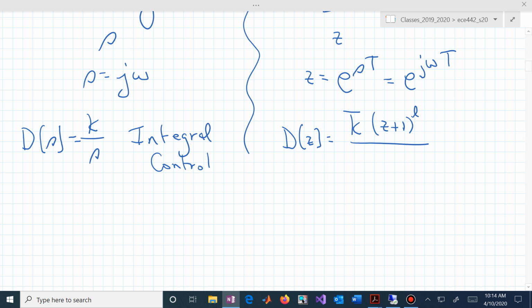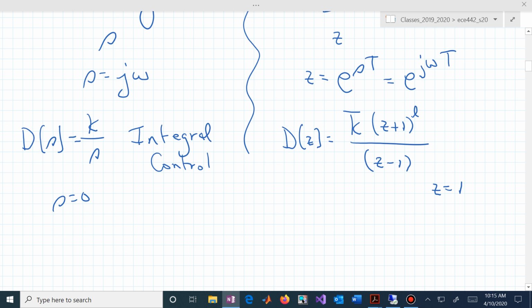But here our default is, if we have a pole zero excess, then we will start mapping factors in D of z of the expression z plus 1. We'll put so many of those, in this case an integer L, in the numerator consistent with or related to the pole zero excess in the S domain. Here, if we map that pole at the origin, then that's going to map to z equal 1 over here.